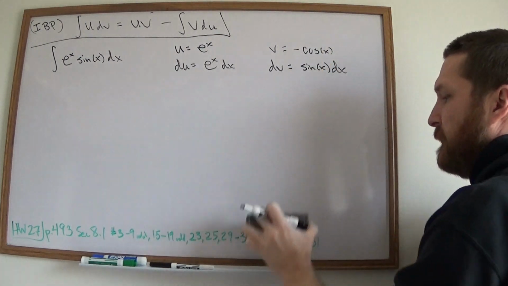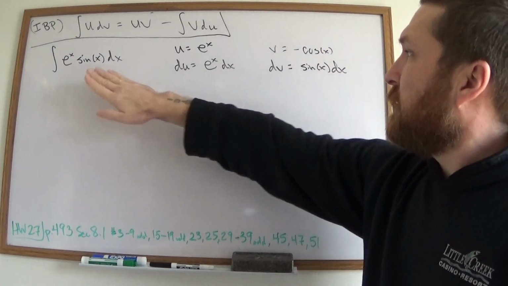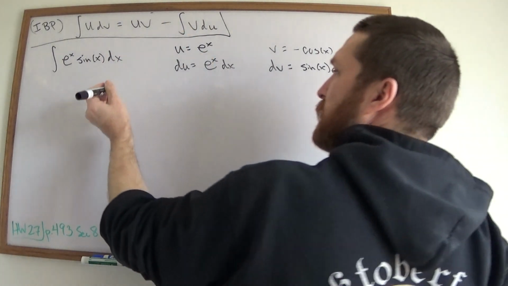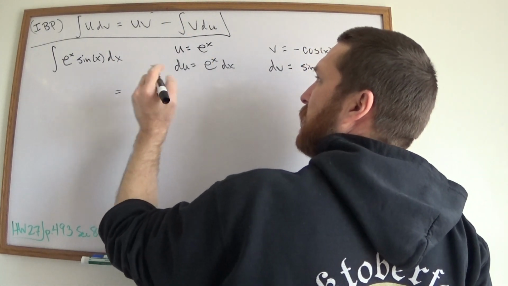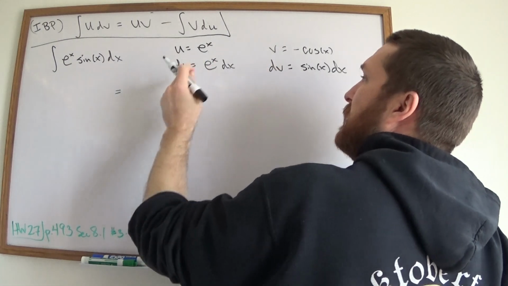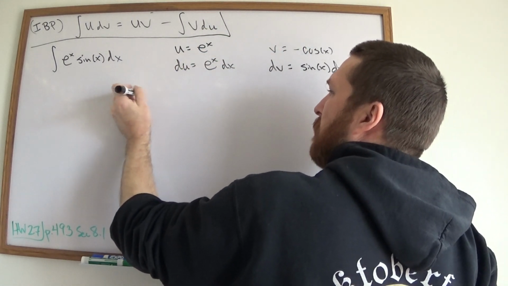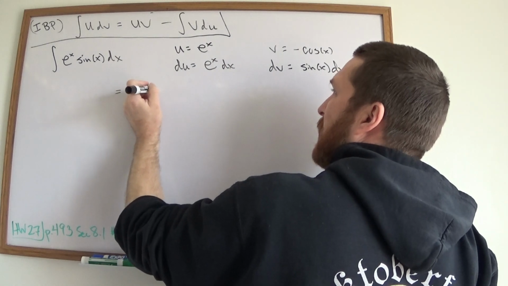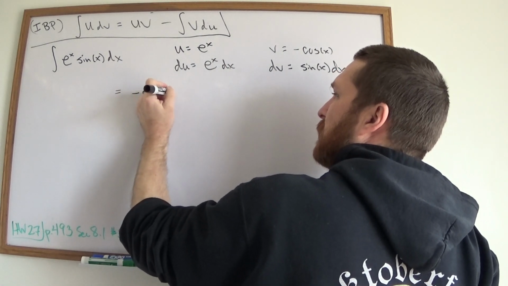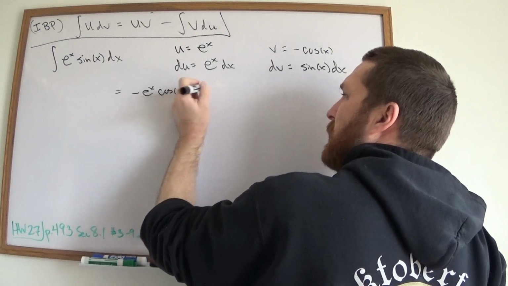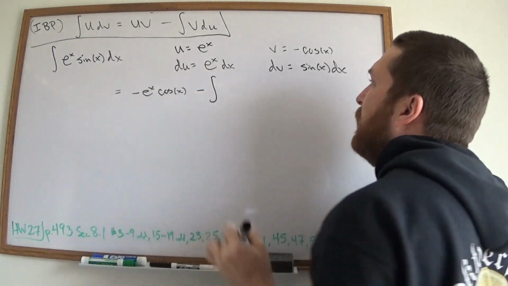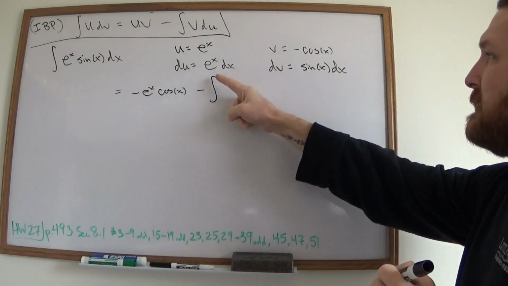Okay, here we go. So, doing this integration by parts, we get, okay, uv is that times that. So I'm going to put the minus out front. I'm going to go minus e to the x cosine x minus the integral of v du.